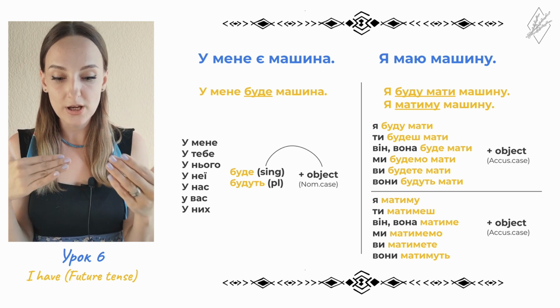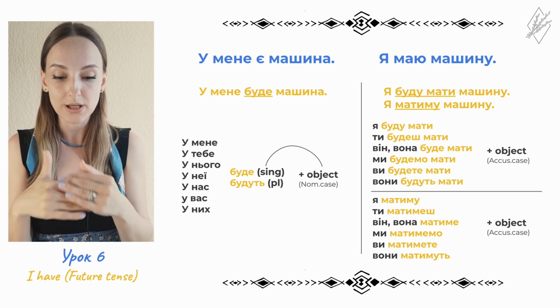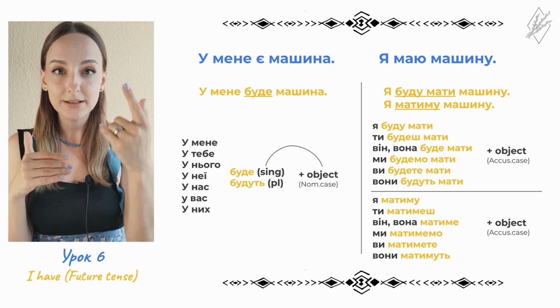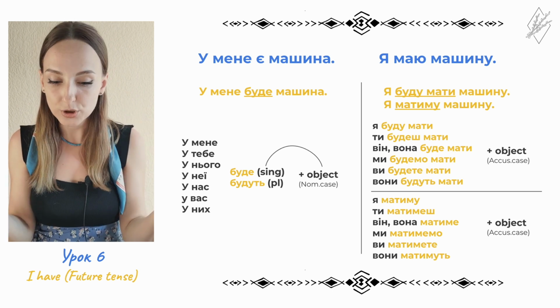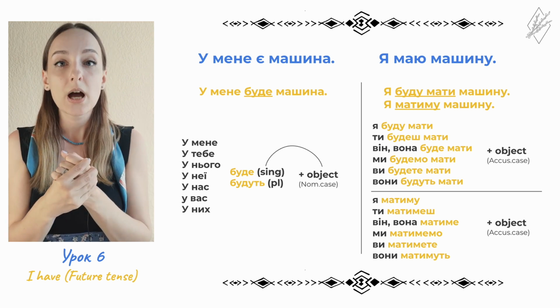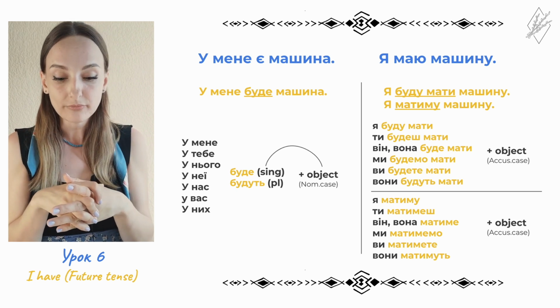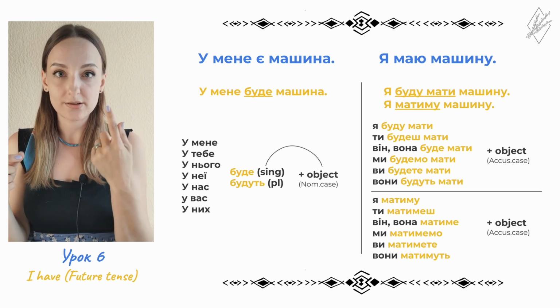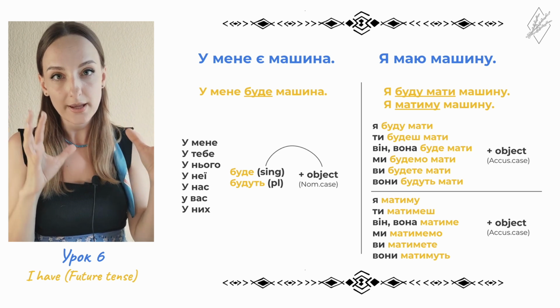And it will change only the word буду according to the pronoun. Я буду мати, ти будеш мати, він буде мати, ми будемо мати, ви будете мати, вони будуть мати. And the object in accusative case. Or it could be just the verb мати with certain endings.